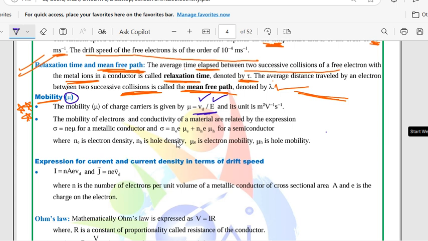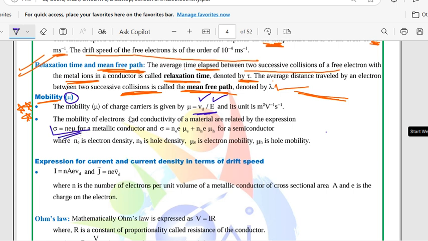It is called mobility. The mobility of electrons and the conductivity of a material are related by the expression sigma is equal to N e mu for a metallic conductor.